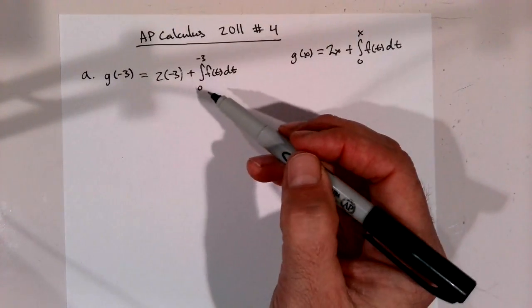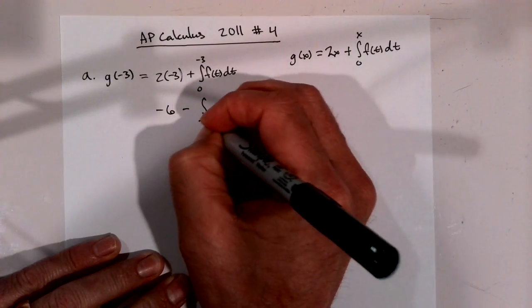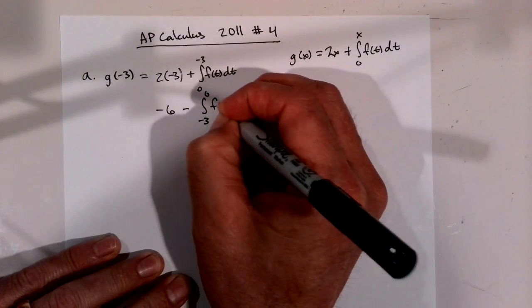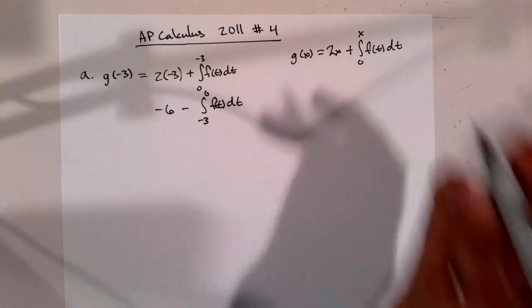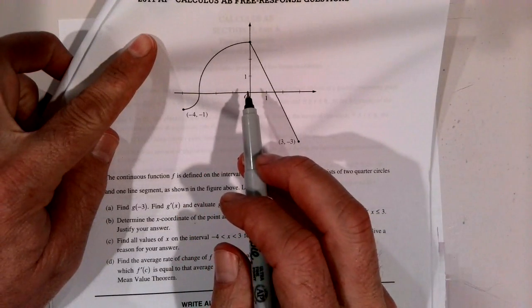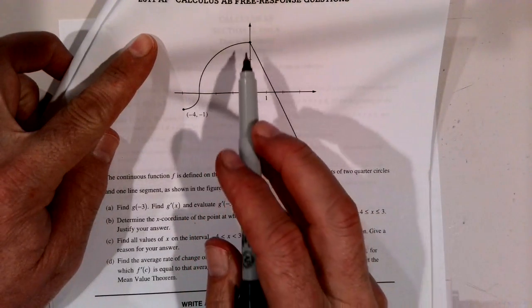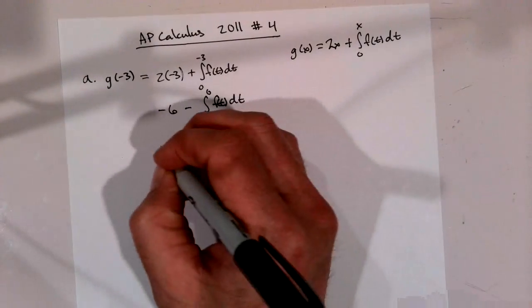Now you can tell my bounds are mixed up here. So I'm going to have a -6 minus the integral from -3 to 0 of f of t dt. So I want to look at the area from -3 to 0. Well, you can tell it's a quarter of a circle, and the area of the circle is pi r squared.